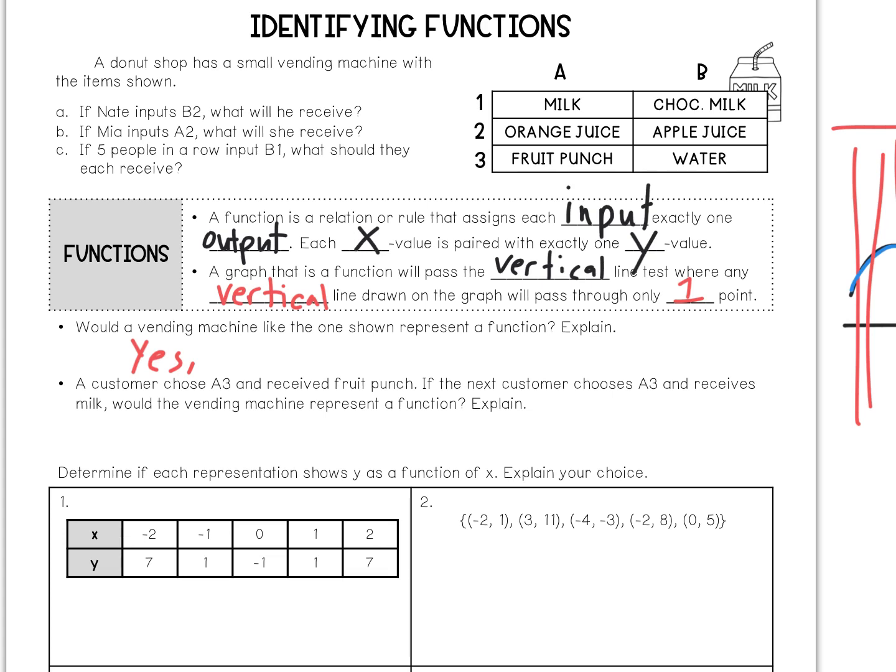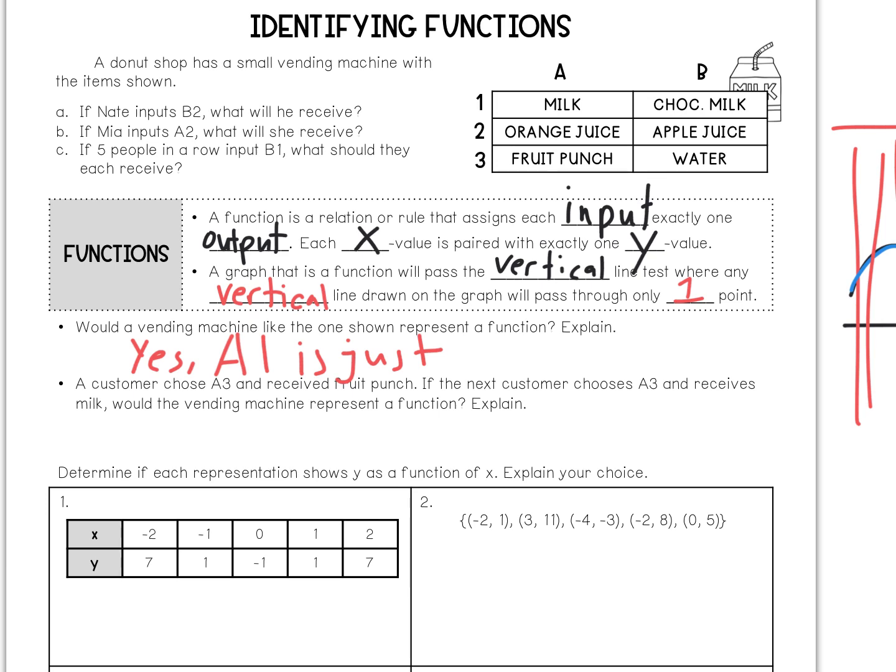A1 is not milk and chocolate milk, right? It has one outcome. I can't put A1 in and get something different every time. A1 will always be milk, no matter what.